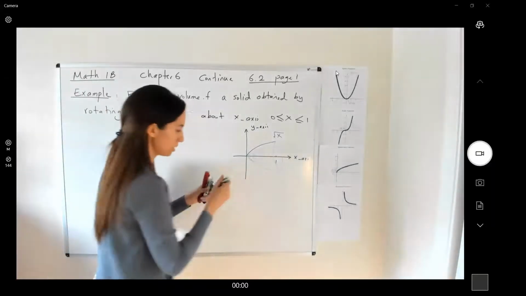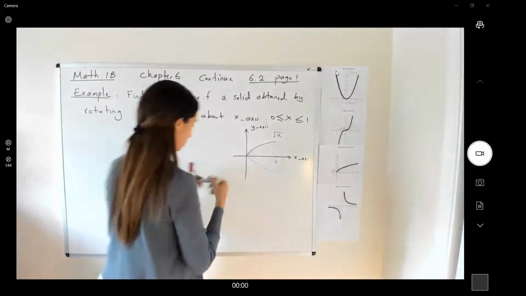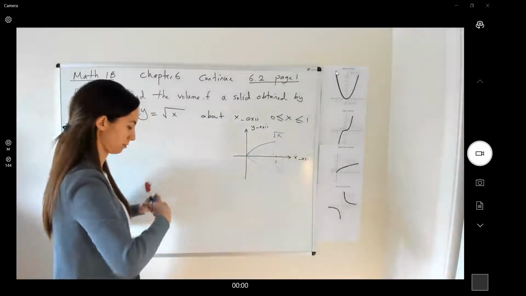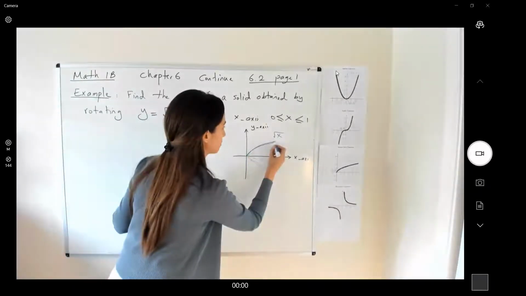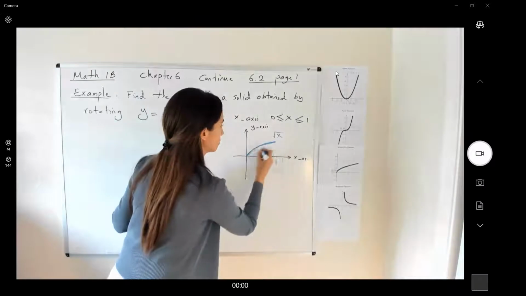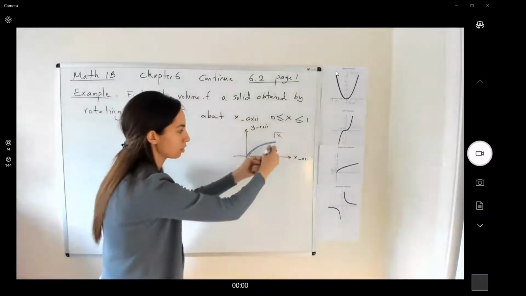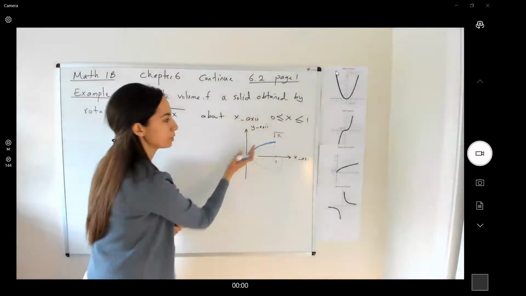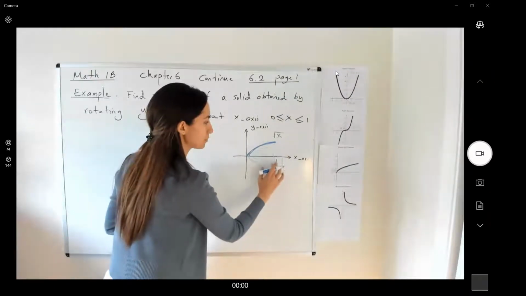By rotating my graph about x-axis, I'm getting a three-dimensional object. This is it. Square root of x. I take this and start rotating this around x-axis, and I'm forming a new three-dimensional object.